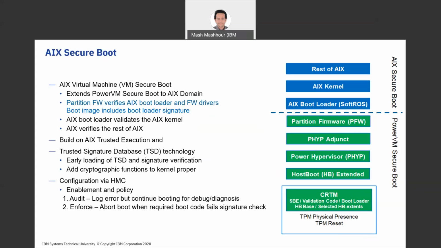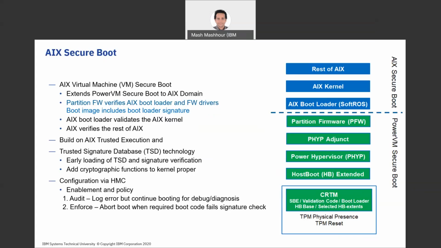The boot image itself will include a bootloader signature, the same signature we were talking about. The AIX bootloader will validate your AIX kernel and verify the rest of the AIX package files.